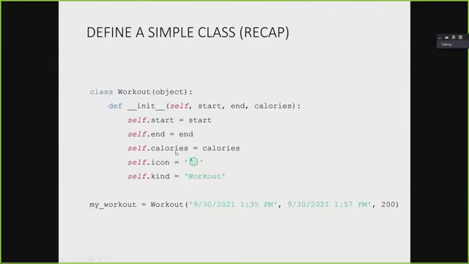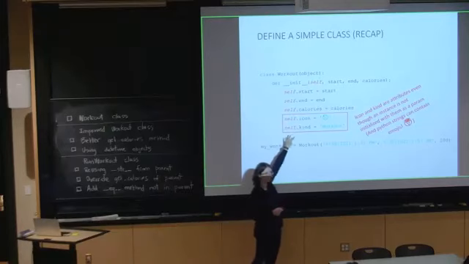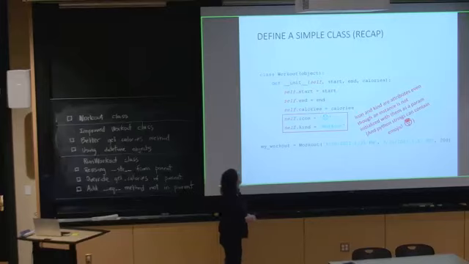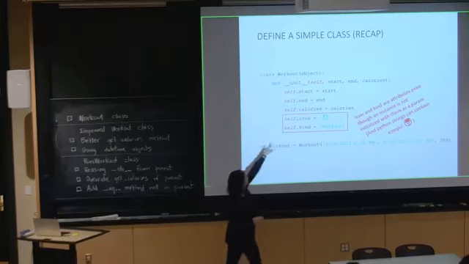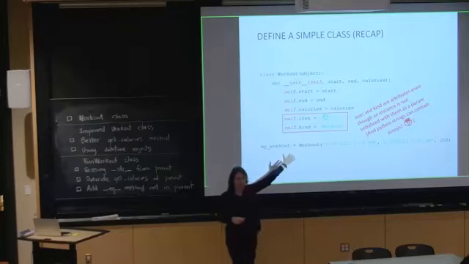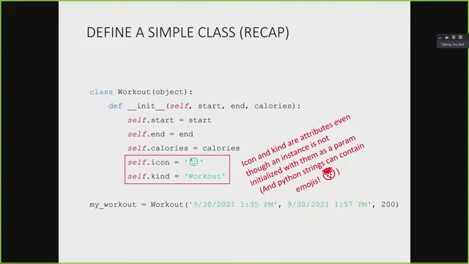Okay? But in addition to just saving these as data attributes, the things that are passed in when you create the object, we would like to do 2 more things. We're creating 2 more data attributes, right? So in total, a workout object is defined by 5 data attributes. These last 2 data attributes, we don't need to pass in, right? We're just going to, by default, make them two strings.